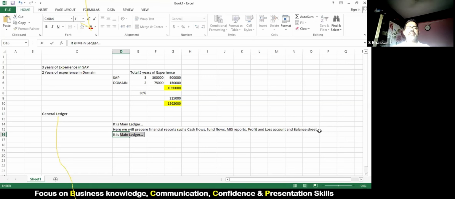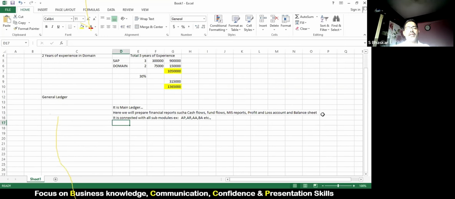It is connected with all submodules. Example, AP, AR, asset, bank accounting, etc. It is a foundation.